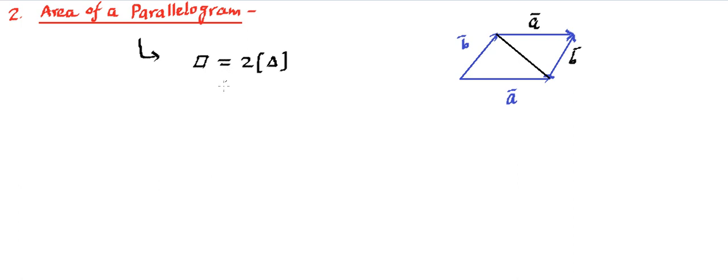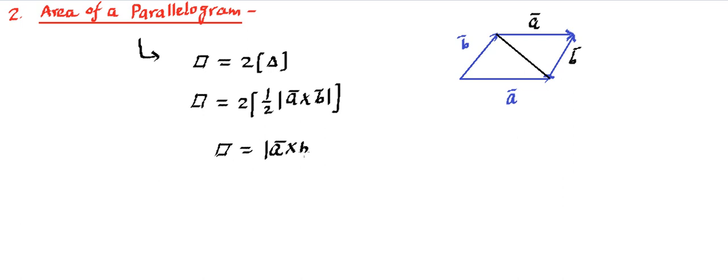I am writing in short, you can make your notes properly. So the area of the parallelogram is equal to 2 times, and the area of a triangle was half magnitude of A cross B, where A and B were the vectors creating the triangle. From here we get the formula that the area of a parallelogram is twice the area of a triangle, which is basically the magnitude of A cross B.